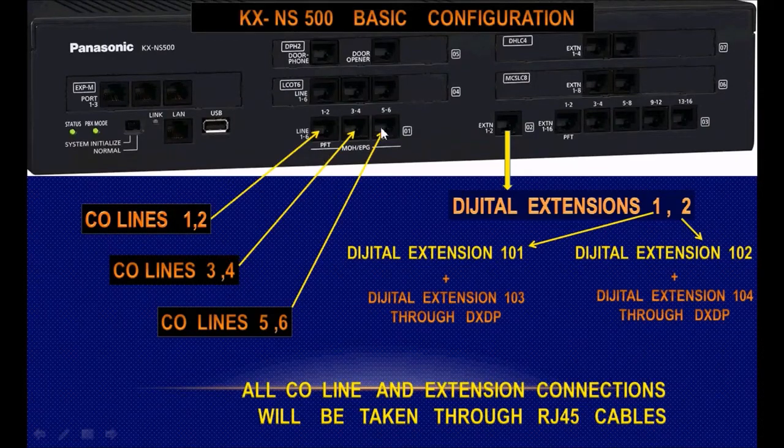These 3 ports give us an interface to connect, with each port giving us connection for 2 CO lines, or 2 external music on hold sources, or 2 external pagers. Each port individually can be used for CO line, music on hold, or pager.